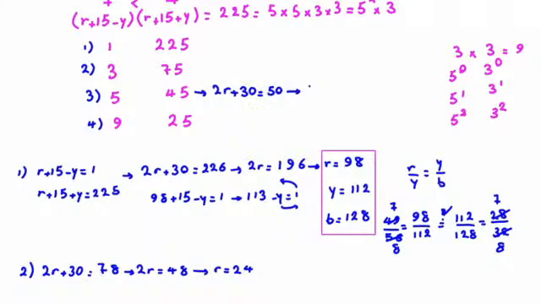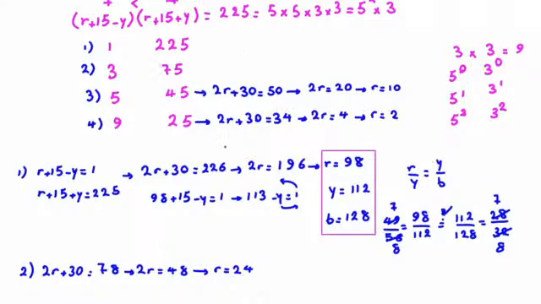So 2R is 20 and R is 10. In the next case, 2R + 30 equal to 25 + 9, 34. So 2R equal to 4, so R equal to 2. And, okay, so we found 4 answers.